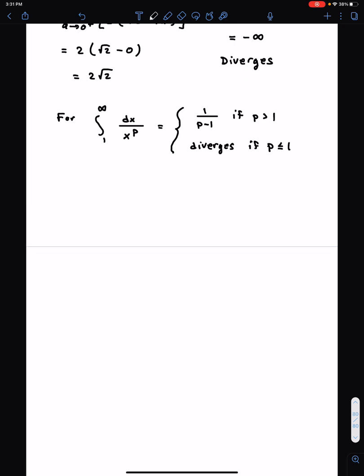You don't have to memorize these, but it is useful just for an understanding.